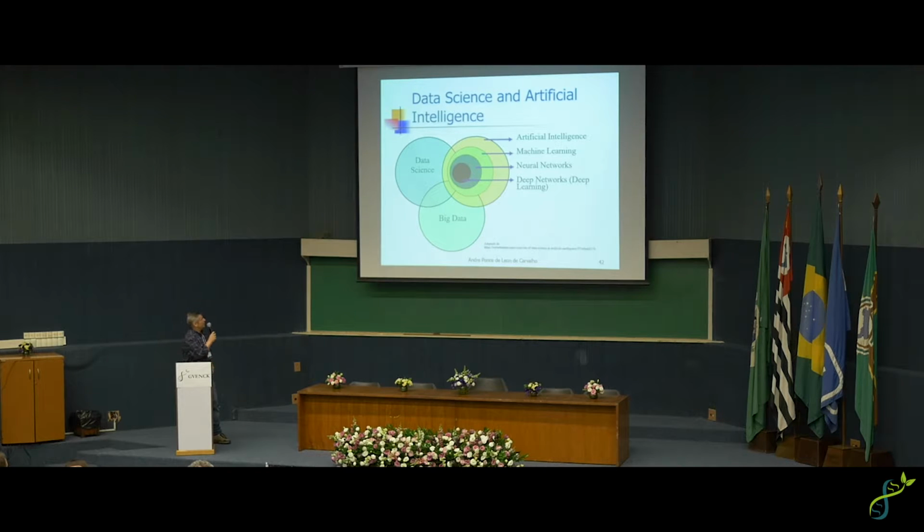And if we go deeper, as I mentioned before, in artificial intelligence one of the sub-areas is machine learning. It's the sub-area which is most in evidence today, so there are many people talking about machine learning and artificial intelligence. In machine learning you have a particular sub-area called neural networks. And in neural networks you have another sub-area called deep learning, or deep networks, which are trained by deep learning algorithms. And if you put together part of data science and artificial intelligence, we have data science with machine learning, right?